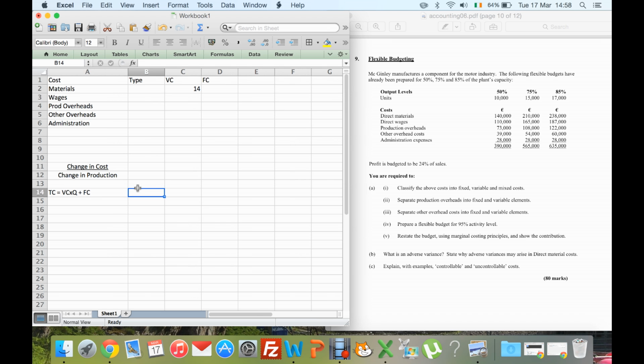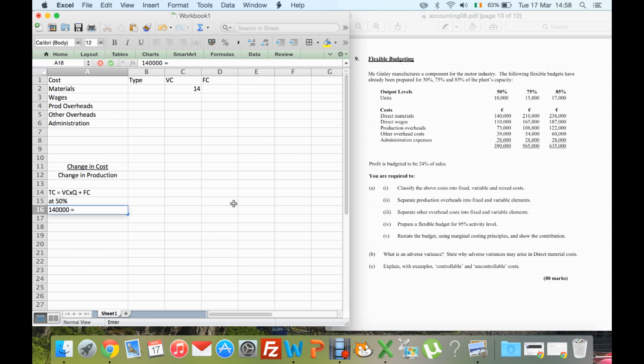So if we choose any level of production, say 50,000 or 50%, using the formula above, the total cost is 140,000, which is that figure there.